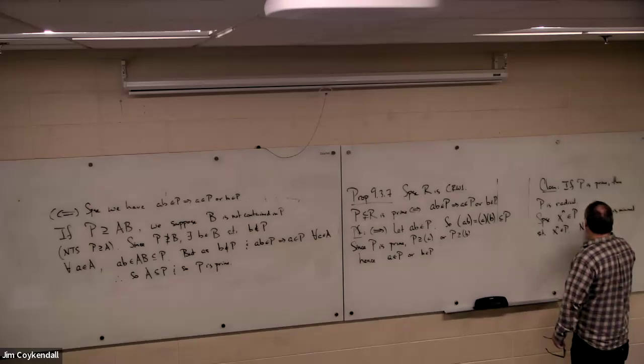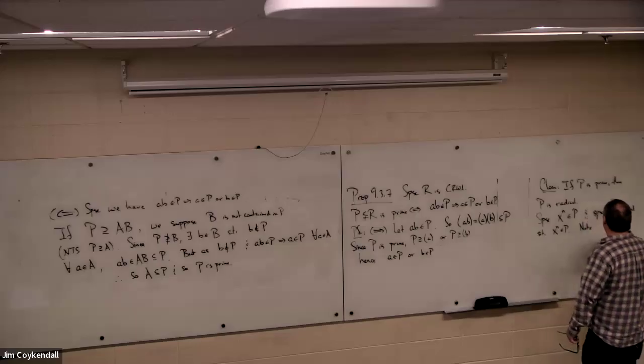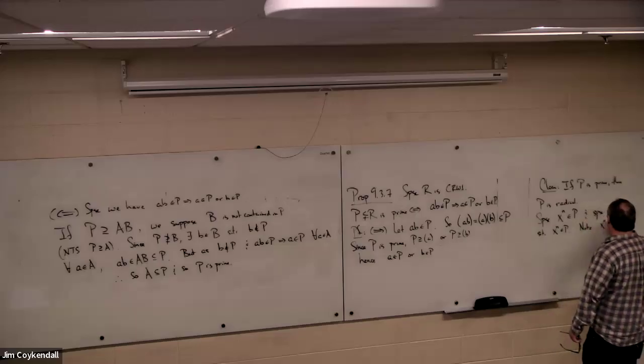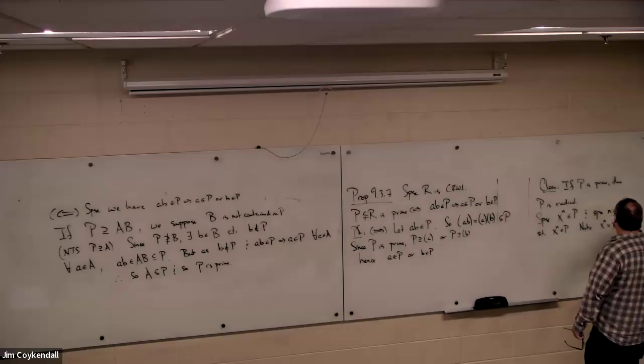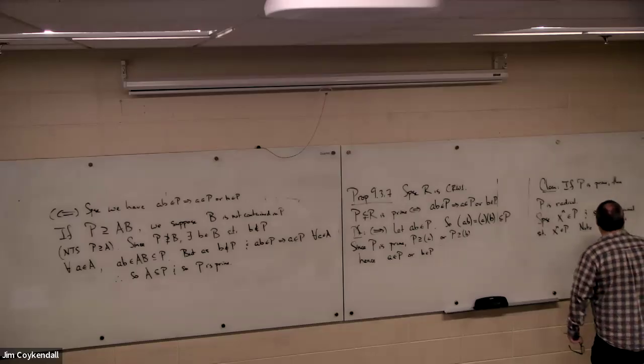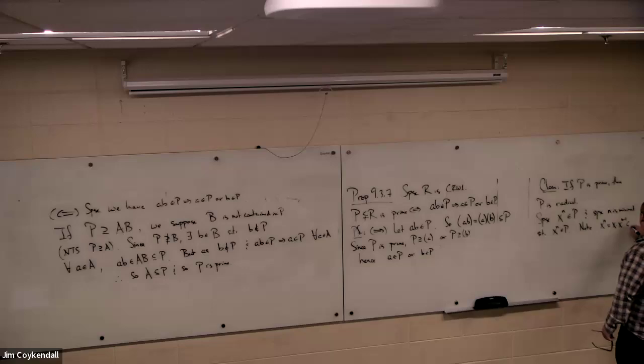Note that x to the n is x times x to the n minus 1. We'll say n is minimal in the natural numbers such that this is true.